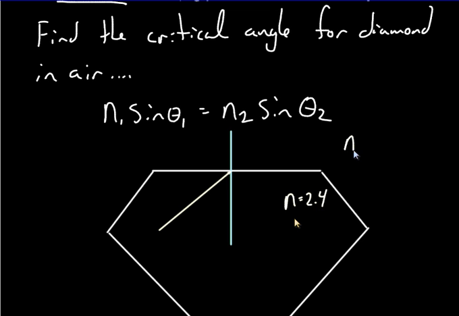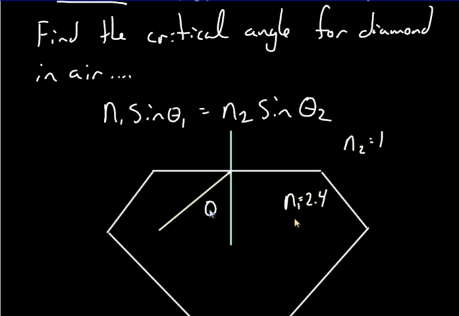We've also stated that the speed of light in air is so close to that in a vacuum that we can consider air to have an n value of 1. That will not always be the case. For instance, we might ask the same question about a diamond that's been put into water, and then something different will happen. But anyway, light is traveling out from inside the diamond and it is speeding up.